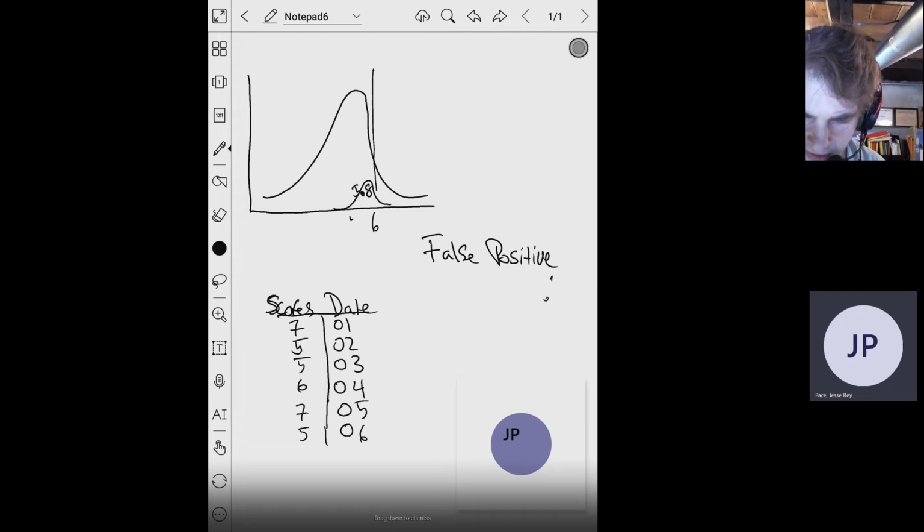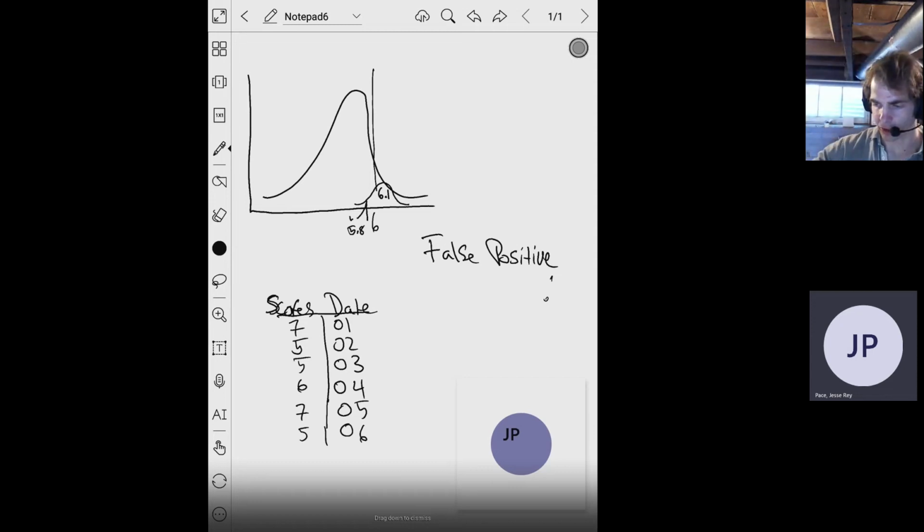And it's not too big of a jump to imagine the opposite happening, right? I'll go ahead and erase this other one that we had right here. Let's imagine some other examinee whose average is like a 6.1, and they have some distribution around that 6.1 in which it's possible that we observe them on a bad day and we think their score is maybe like a 5.8 or something.